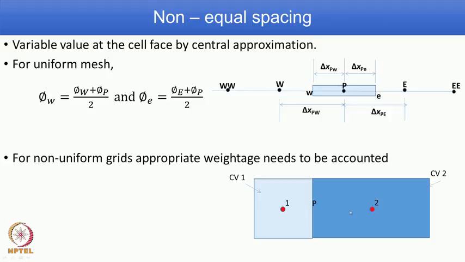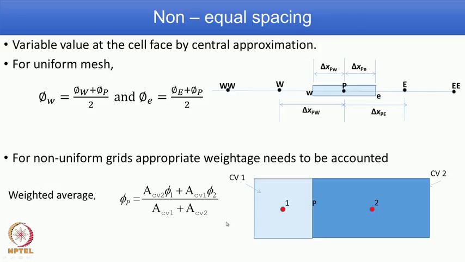In such a case, suppose you want to find the variable at P, then you can have a weighted average procedure as shown here. Phi at P is evaluated based on the area multiplying the variable at the other node. Similarly, the area for the second control volume multiplies the variable at that other control volume, and the total is divided by the summation of the areas.